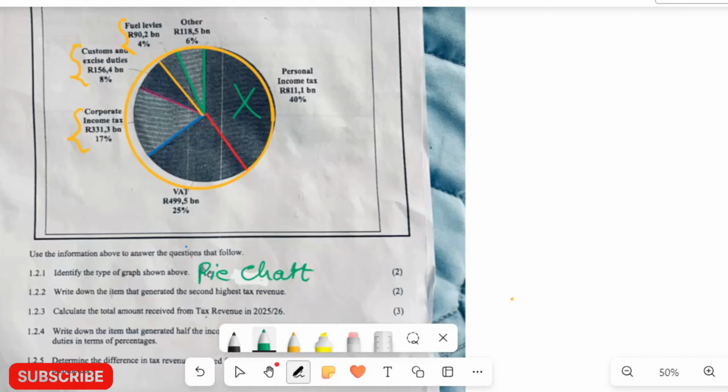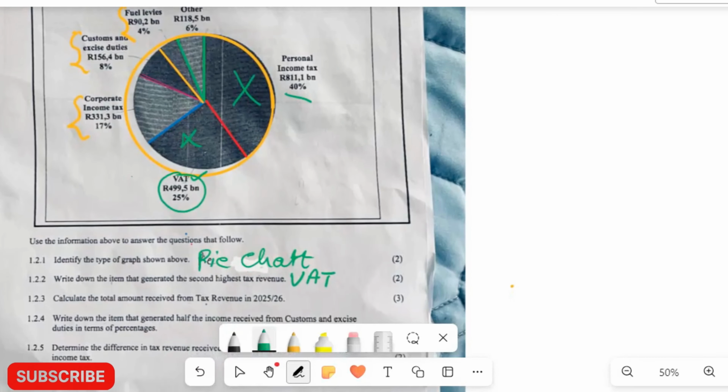We don't want the biggest. We want the second biggest, which is this one. The 25% follows the 40%. Then that means VAT, value added tax, is the one that generated the second highest tax revenue.